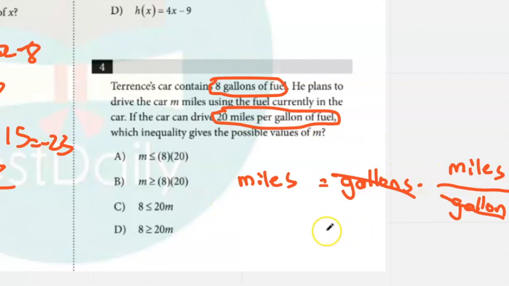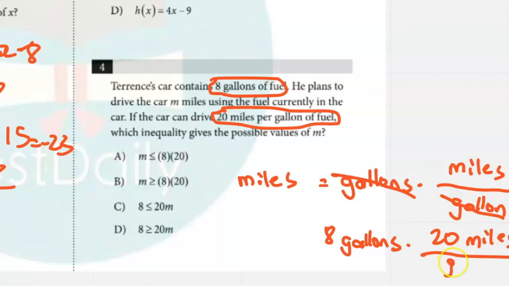So it's essentially saying 8 gallons times 20 miles per gallon. And you will actually cancel out the units here. So like this. And then you have 8 times 20, which is obviously 160 miles.